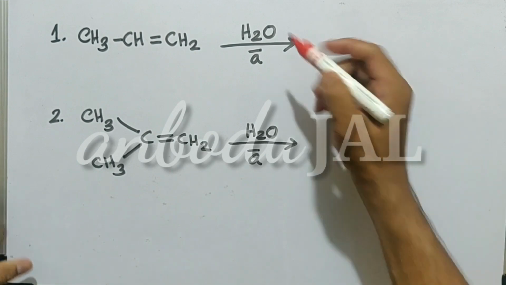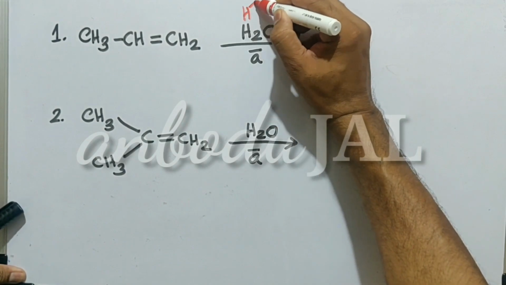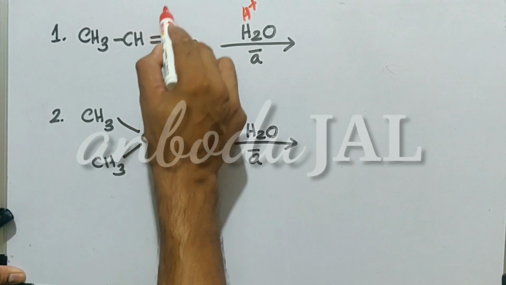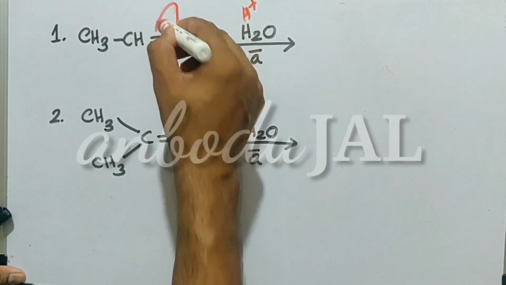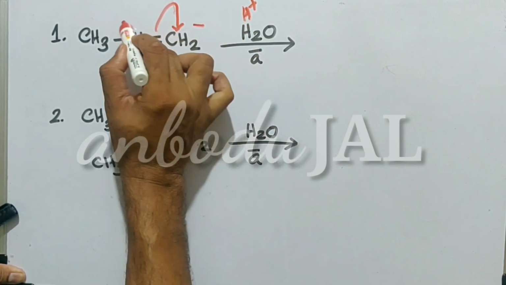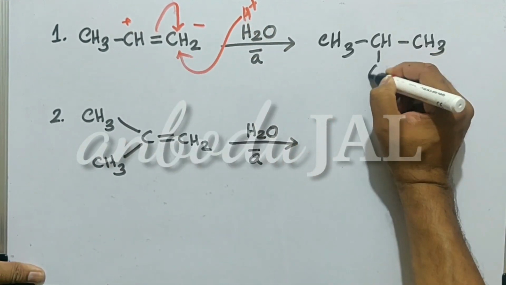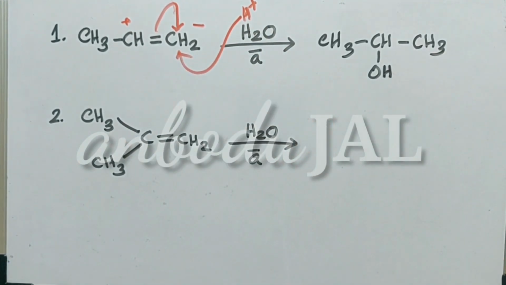So, which is the electrophile in H2O? H plus is the electrophile. Okay. So, electron shifting will be towards this carbon and this gets a negative charge, this gets a positive charge. Hydrogen will come towards this carbon. OH comes here. Okay. Propan-2-ol or isopropyl alcohol is the major product in this case.